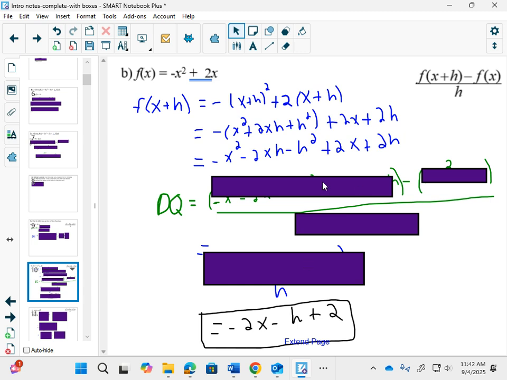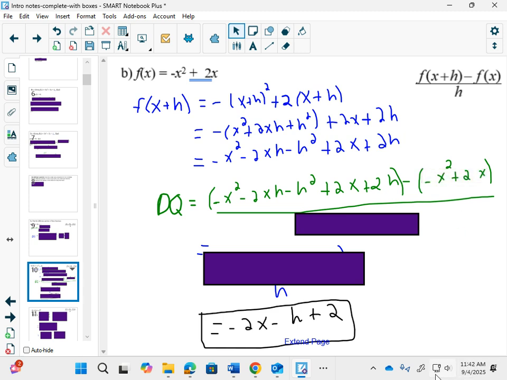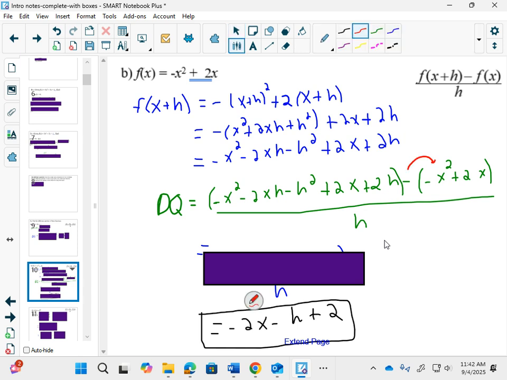And then we do the difference quotient here. Here's my f of x plus h minus my f of x, all divided by h. And you might notice that this negative would get distributed, and that minus x squared will cancel out with the plus x squared.